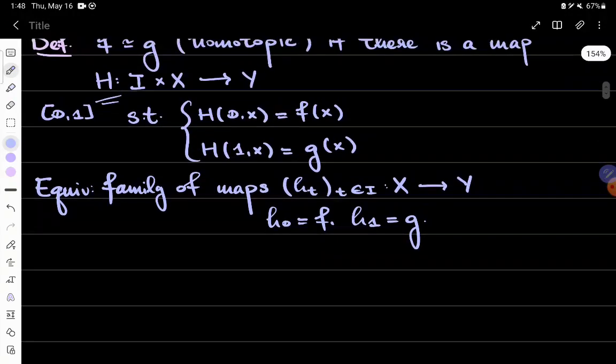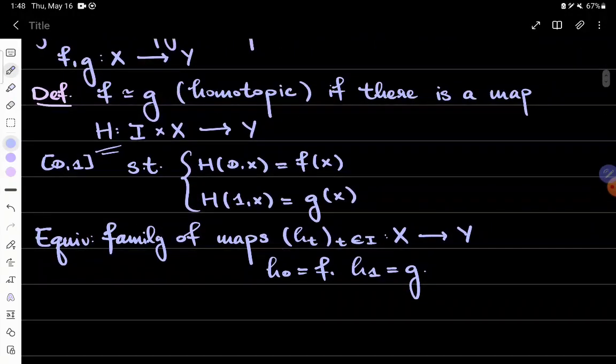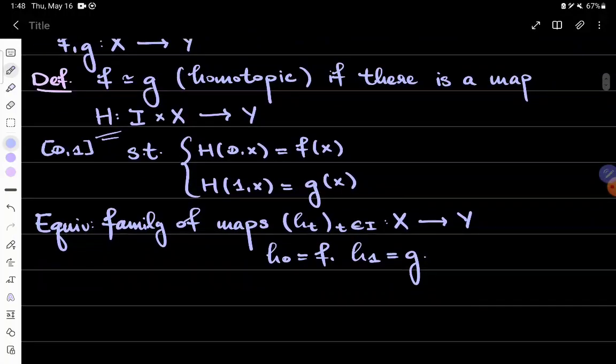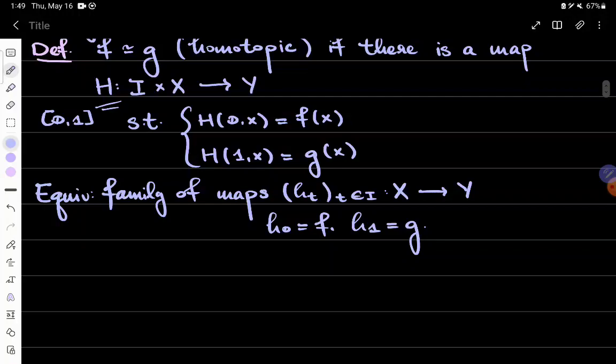And I'll interchange between these notions freely. So either you have something from the domain times the interval, where you're parameterizing there, or you think of it as a one-parameter continuous family of maps from X to Y.